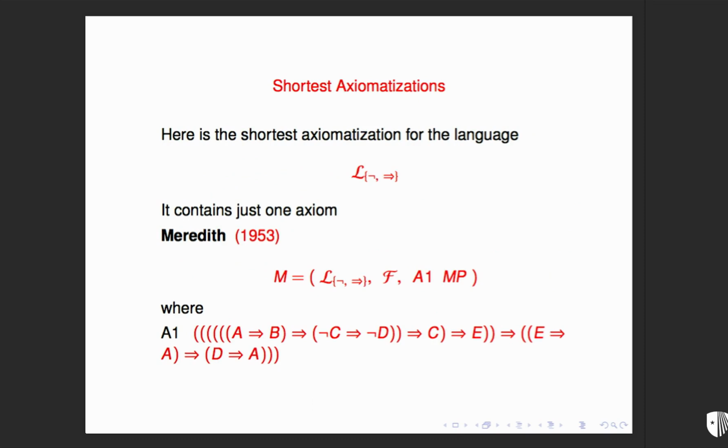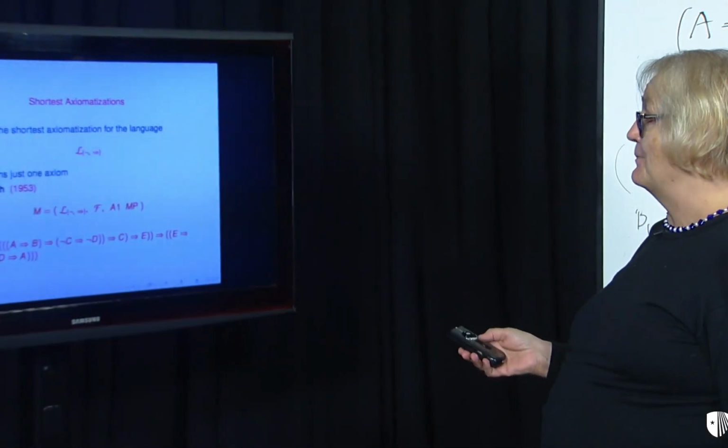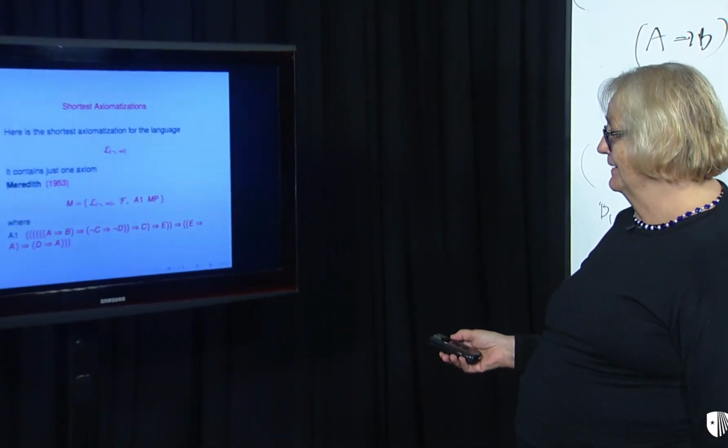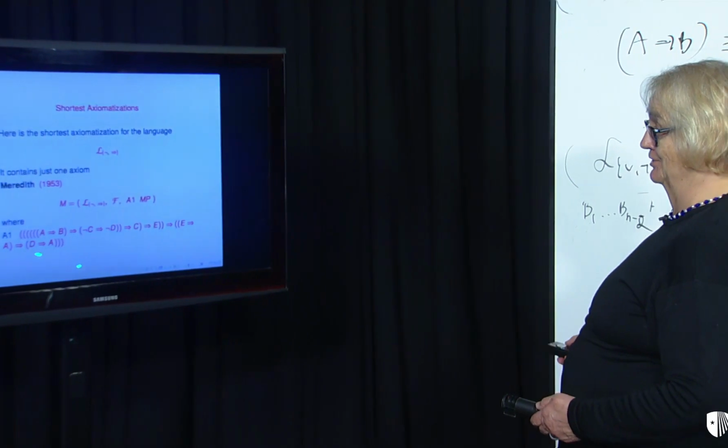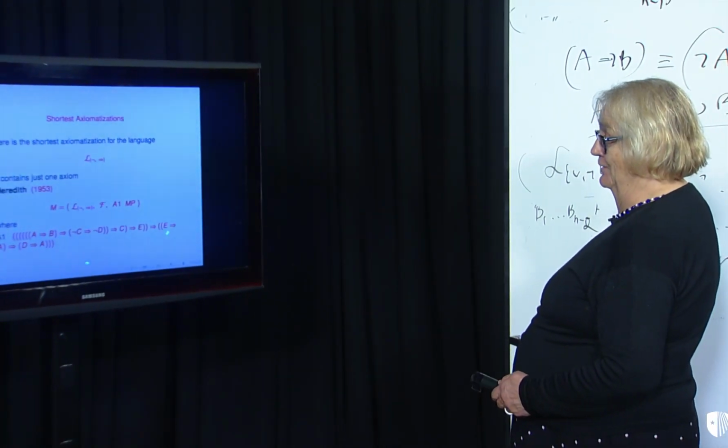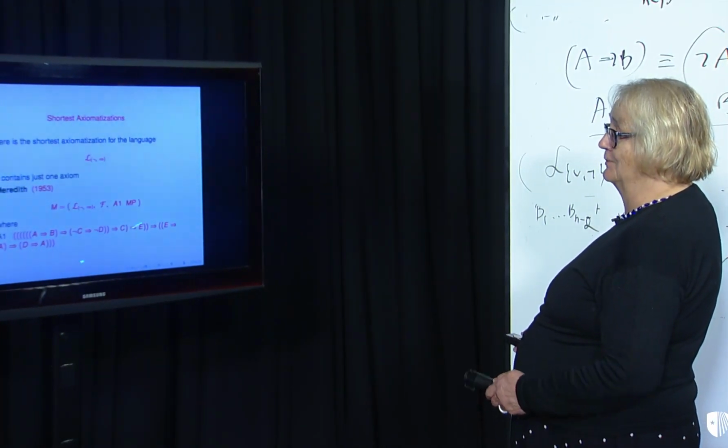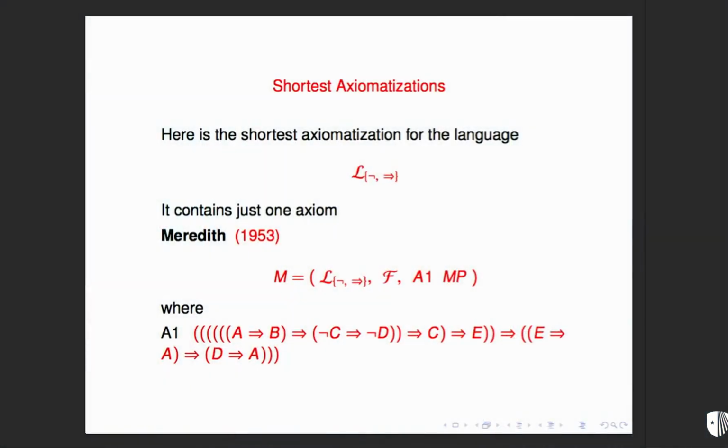And the almost last one is the shortest axiomatization, because people have 12 axioms, 20 axioms, 3 axioms, 8 axioms. So there's a natural problem: which would be the shortest axiomatization? And Meredith in 1953 showed that, yes, you have this language and you have one axiom and modus ponens.